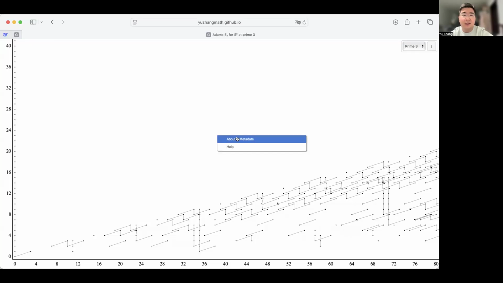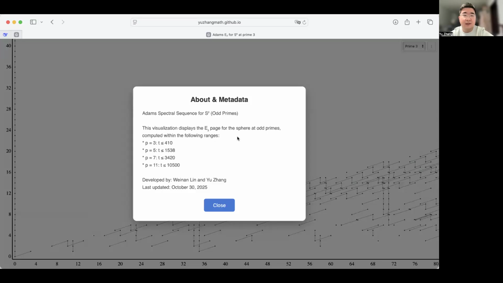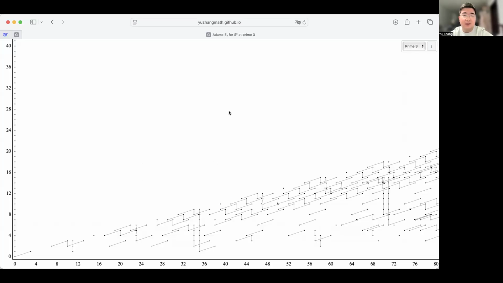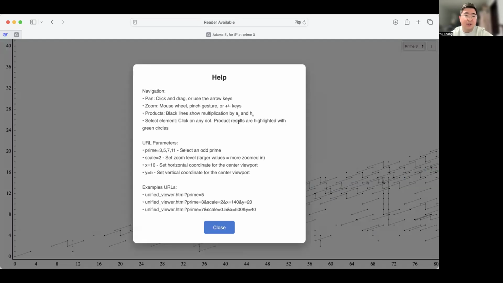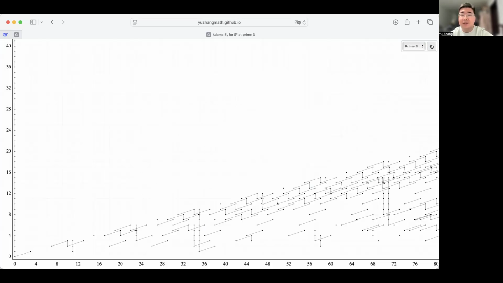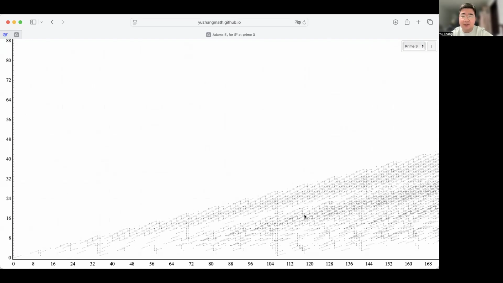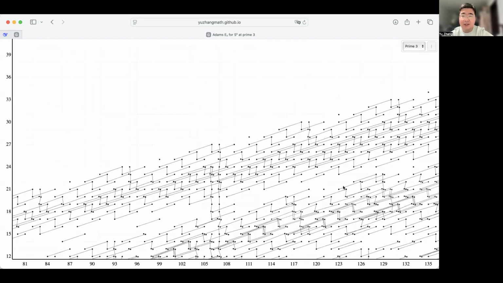There you can show the description of the range, and there's also a section with concise help on how to use this page. Or you can just click on these three dots here to obtain the same information. With this plot, you can zoom in, zoom out, and click to drag.